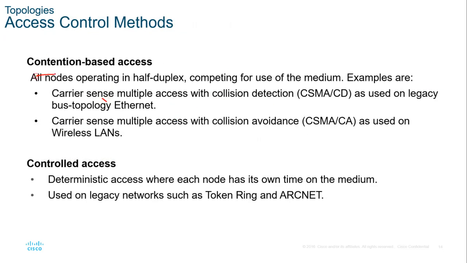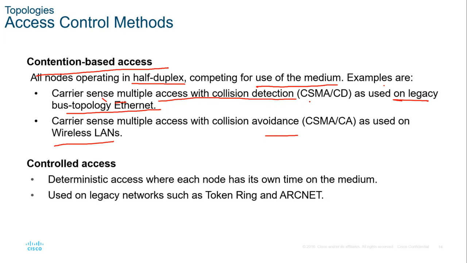So we have what you call contention-based access. All nodes operating in half duplex are competing for use of the media. For example, carrier sense multiple access with collision detection, as used in legacy bus topology Ethernet, and carrier sense multiple access with collision avoidance, as used on wireless.